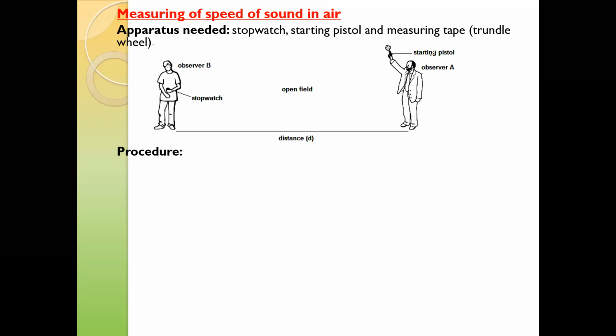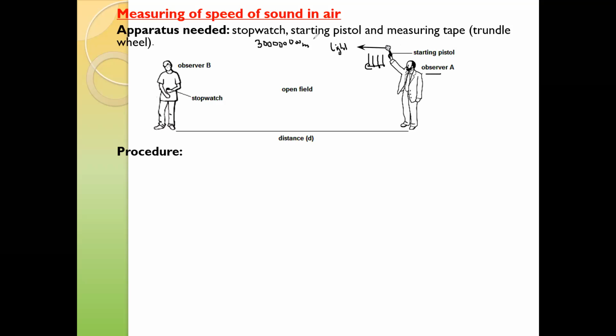Look, when a person at position A fires a shell, two things happen. It produces light, and it produces sound. But when you compare the speed of light and the speed of sound, the speed of light is 300 million meters per second.